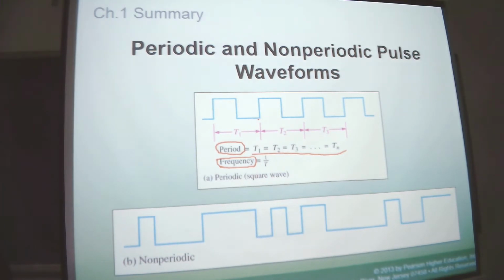This waveform is periodic. Square wave, because the time of high level equals the time of low level. So we call this wave a square wave.